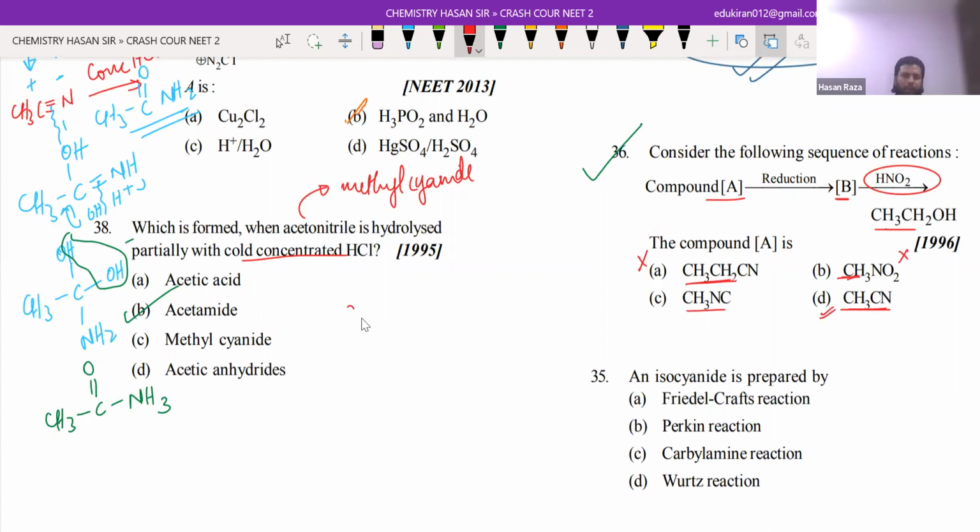If you take CH3CN and reduce it, what will you get? CH3CN, if you reduce it, you will be getting CH3CH2NH2. Cyanide reduced gives what we say, amine. And after this, you react this with HNO2. HNO2 can be written as HONO.